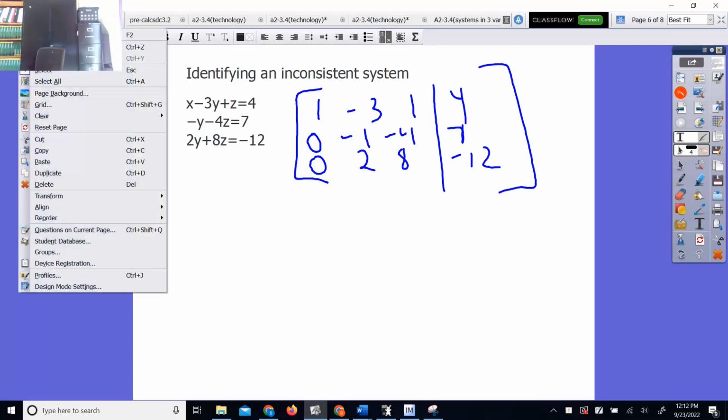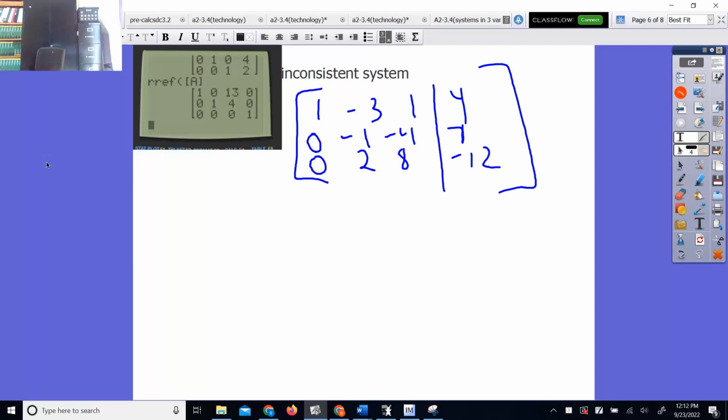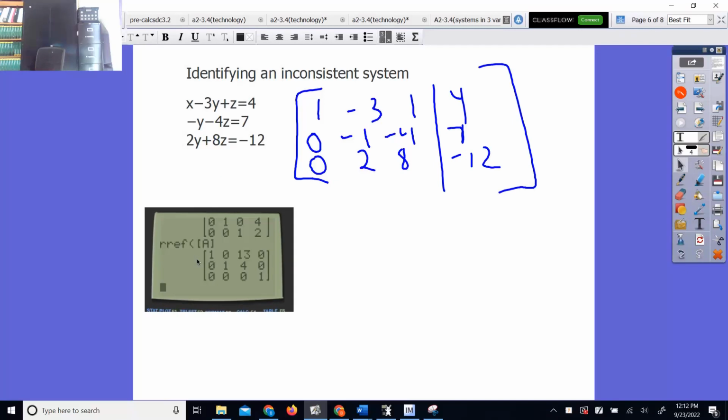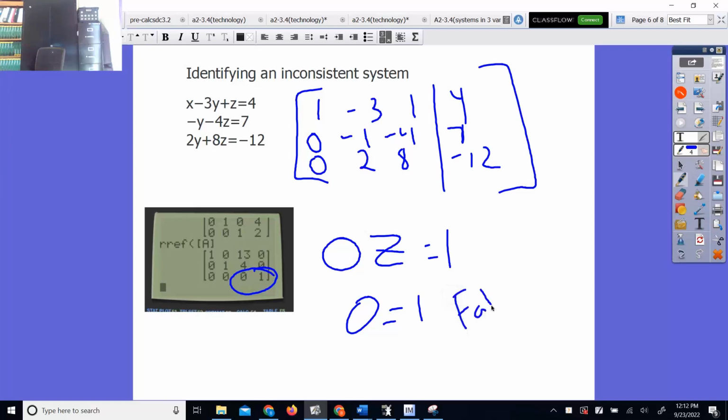I'm going to pay attention to that last line. The last line of a resulting matrix talks about what letter in this case? Z. If you focus on this text right here, it says 0, Z is 1, which means that 0 is 1, which is false.